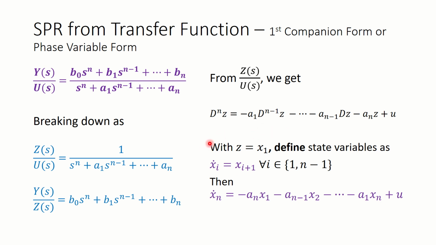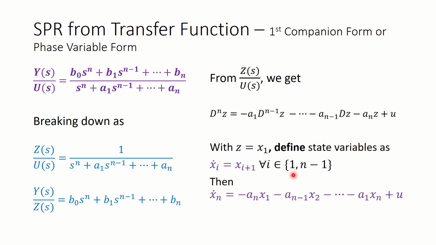So I suggest that you write all this, or at least expand this a bit, x1 dot, x2 dot, x3 dot, then again from xn minus 2 dot you start. Xn minus 2 dot is xn minus 1, xn minus 1 dot equals xn, and xn dot equals what? So then you will see that xn dot is basically dn x1, and then you can write this term in the right hand side, and here instead of z, dz to dn minus 1 z, you can simply write x1 to xn, and the u remains as it is.